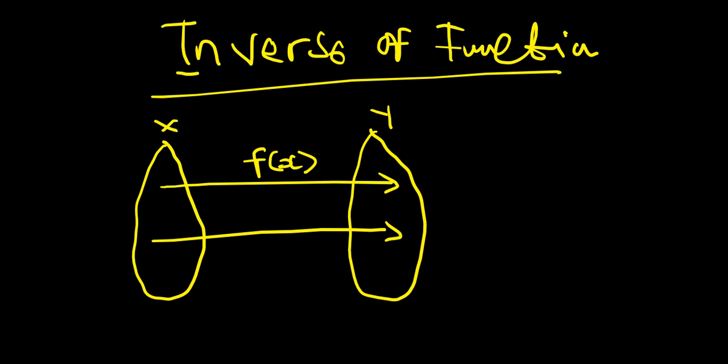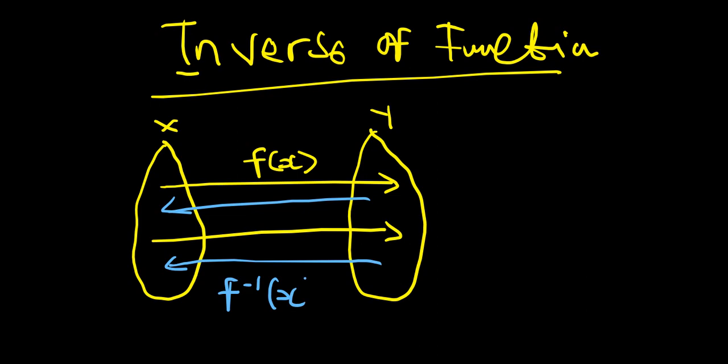And then let's say I have another function that does the reverse, coming from the y and going to the x. That will be our inverse, and we represent the inverse in this form: just write f to the power minus 1, and that will be your inverse. This is what the inverse means. It's just the reverse of the function that you've been given.